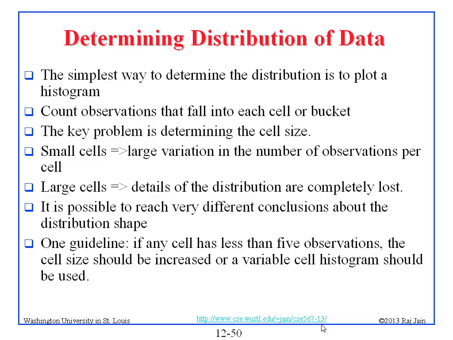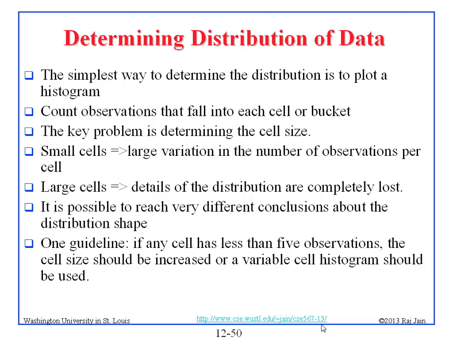So one simplest way is that you do a histogram, which is done by putting the things into buckets. And if you take very small buckets or cells, as they call it, you will see a large variation. Some buckets will have 2, some buckets will have 200. Right? On the other hand, if you take large buckets, then you won't see that much variation, but you would lose the information.